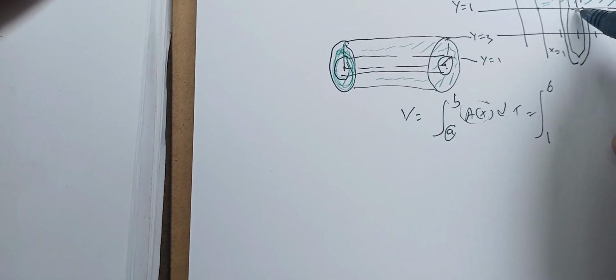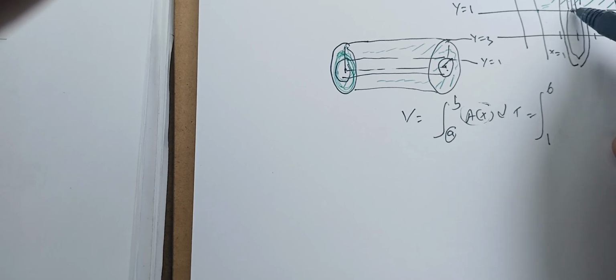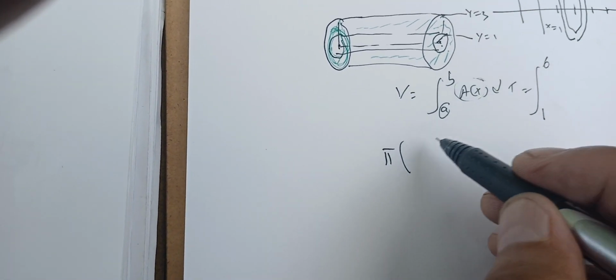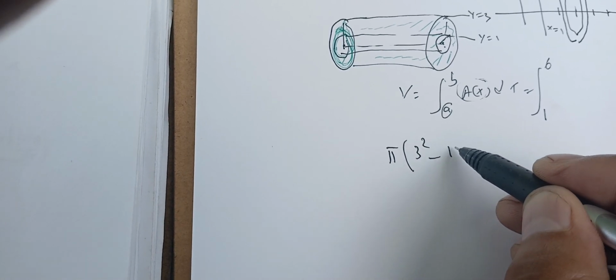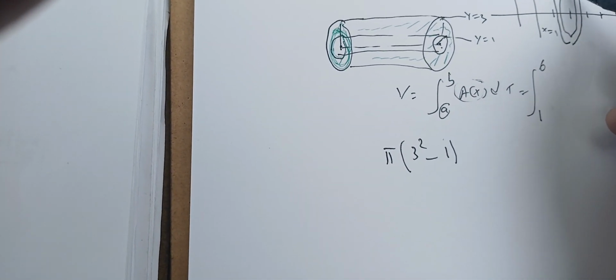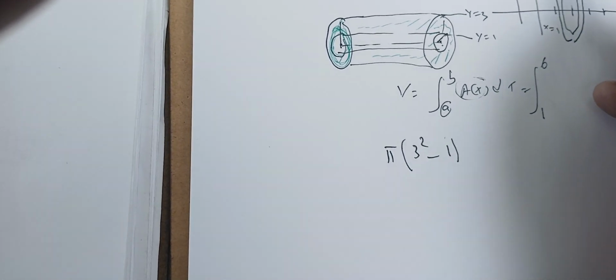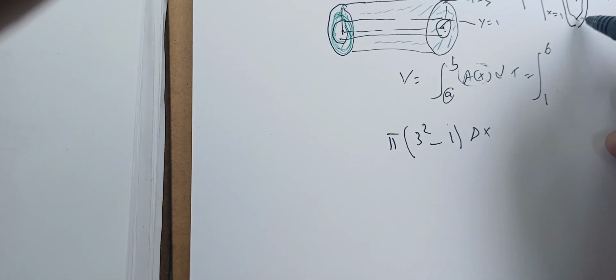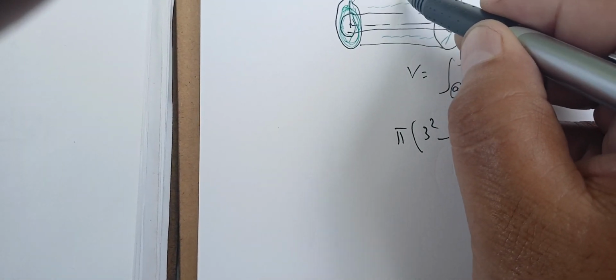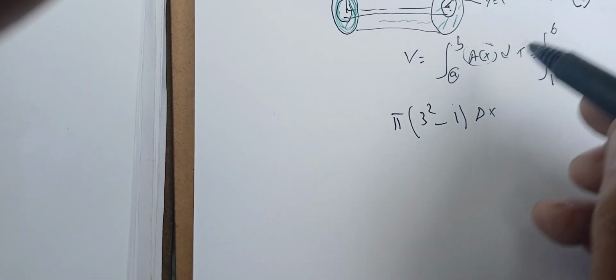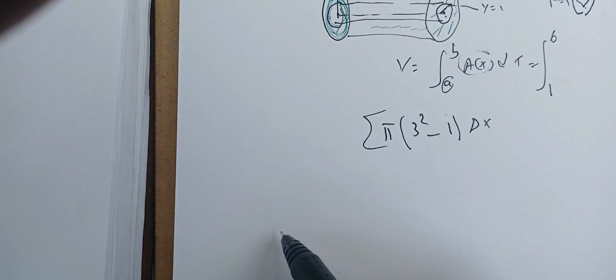In this case, the area is going to be pi times (3 squared minus 1 squared), but we're going to multiply by some delta x. Think of this as delta x, this small distance here. It's the same one as here. And we sum up.